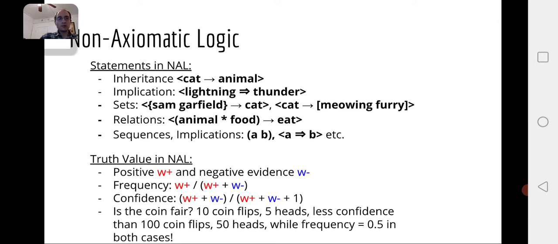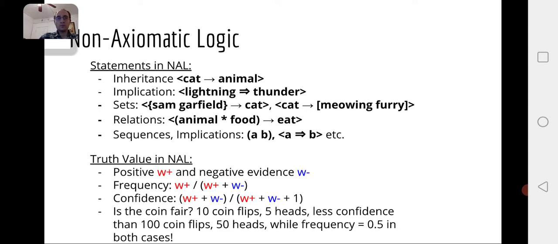Statements in this logic can be inheritance, like cat is an animal, or implication statements, which can also express temporal relationships, like that lightning leads to thunder, and sets such as Sam and Garfield are cats, or that cats have multiple properties, like they are meowing and they are furry.